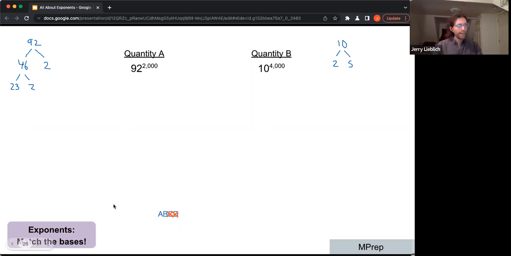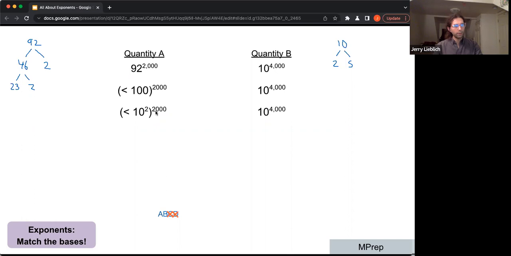So let's try to match these bases. Now, how could that be possible if I just said these factors don't match up? I can't make them the same. Well, I might say 92, let's round it up a little bit. Let's call it 100. It's a little less than 100. Well, that's kind of helpful for me. Because if I'm thinking of this as 100 or less than 100, well, I can factor 100 to be 10 squared.